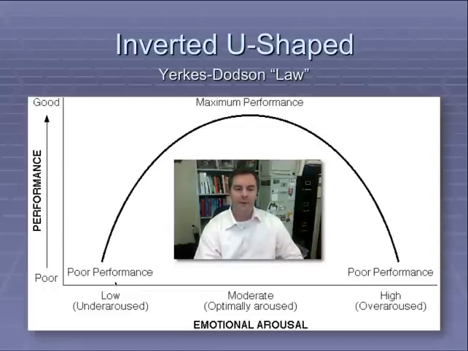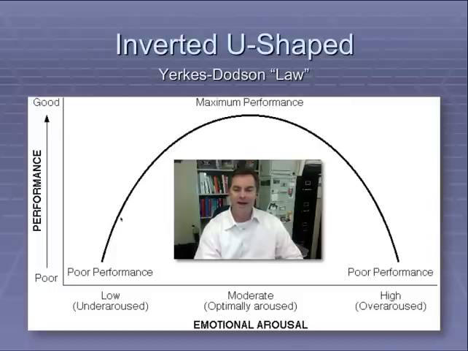If you're under aroused, you're likely going to have poor performance. You don't set world records waking up from a nap with nobody to observe you. You're not going to perform well on a test if you don't get aroused or motivated to study for it.